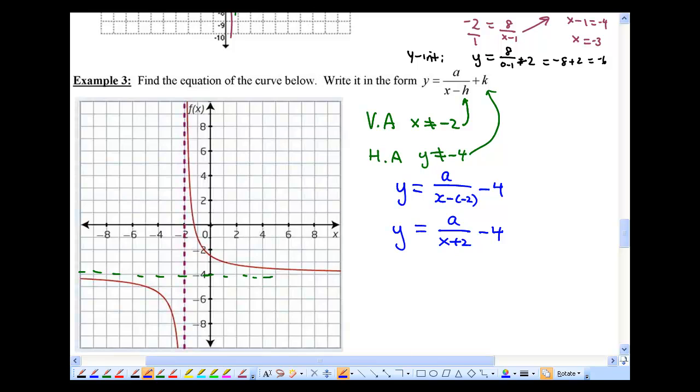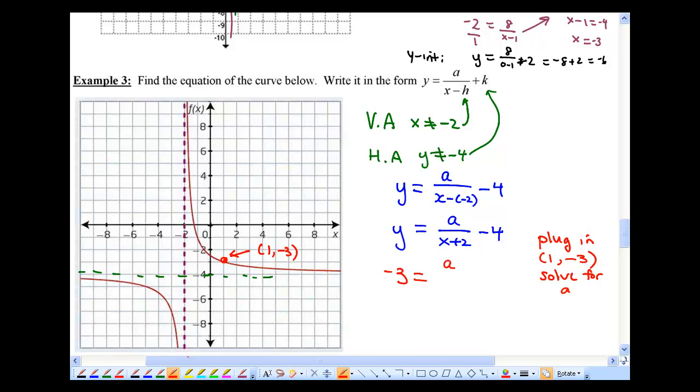Can you find a nice set of coordinates? I see one. Do you see one? How about this one right here? This seems to be the point 1, comma, -3. You can pick other ones if you wish, but that one seemed nice to me. So I'm just going to ask you to plug in 1, comma, -3, and hopefully you can solve for a. Not hopefully, I know you can. So do it.